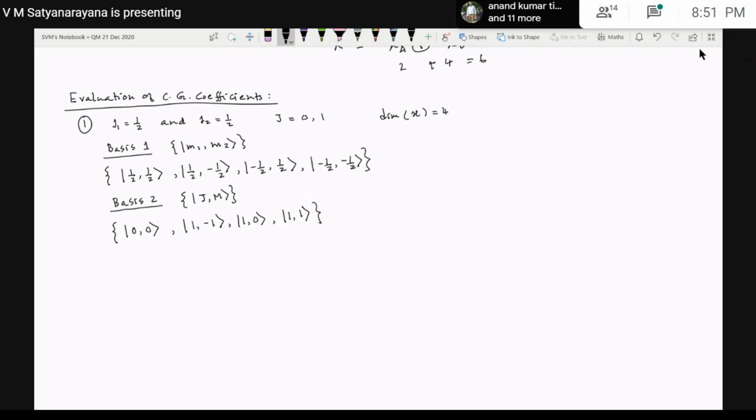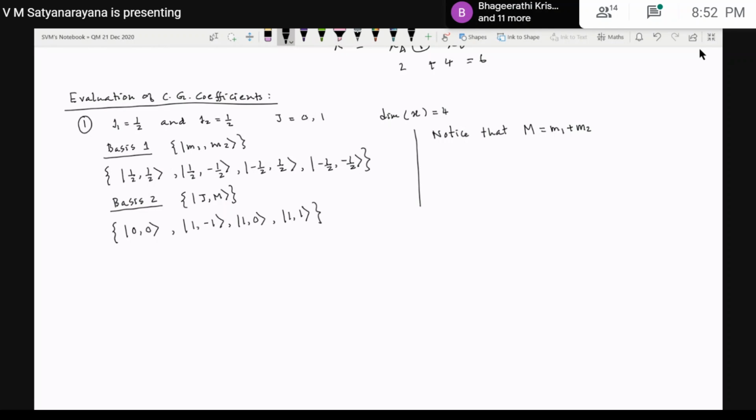Now for that, let us use a small trick. Notice that there is an interesting constraint: your capital M has to be M1 plus M2, because capital M is the z component of the total angular momentum.